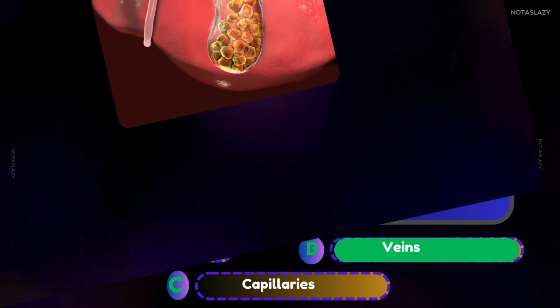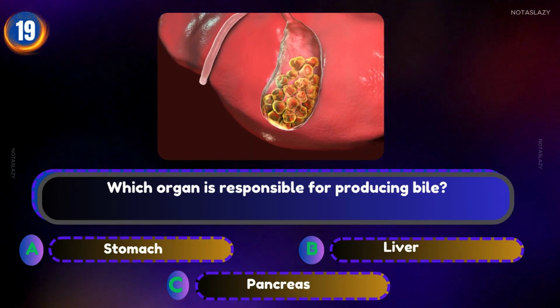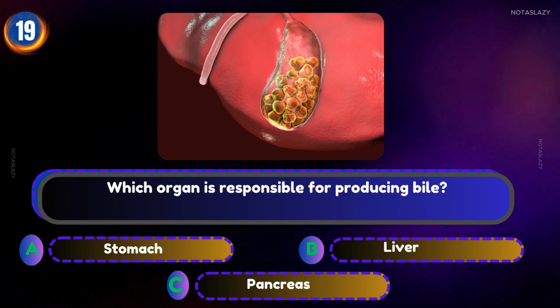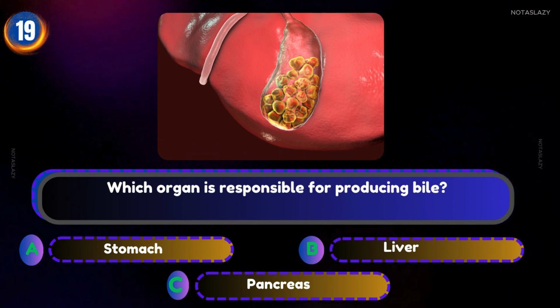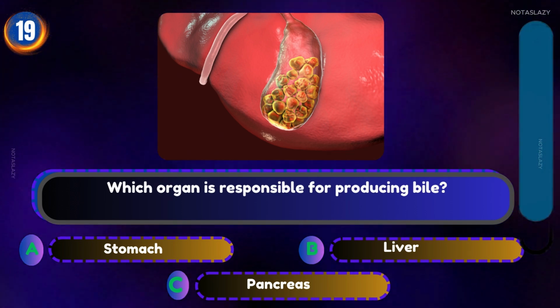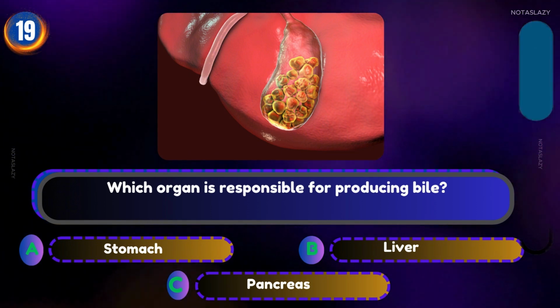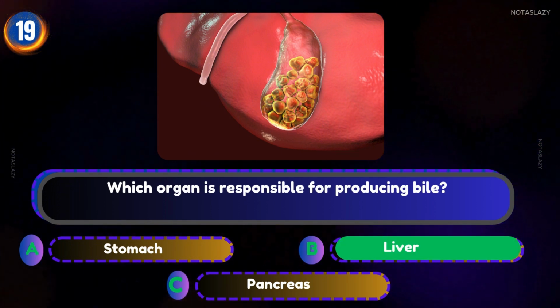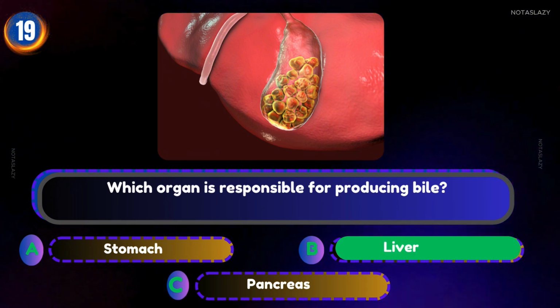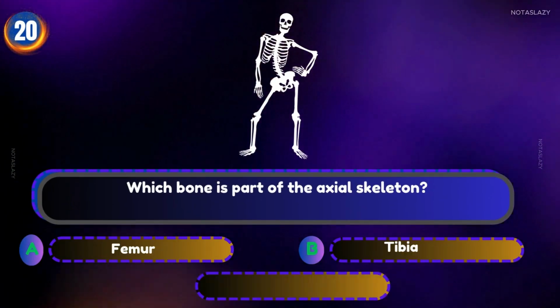Veins. Which organ is responsible for producing bile? Liver. Which bone is part of the axial skeleton?